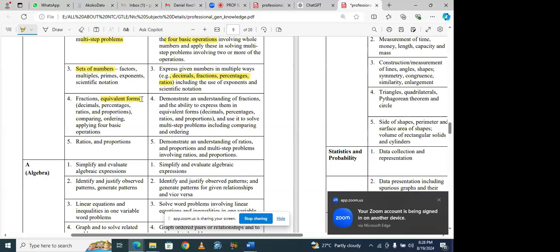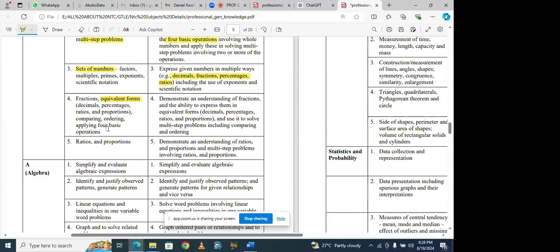All these are areas we may be trying to compare these fractions to. Next to that, we'll be studying ratio and proportion.